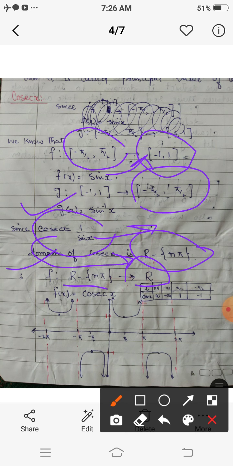Now clearly the value of cosec is always greater than or equal to 1 or less than or equal to minus 1, because sine is between minus 1 and 1. When you draw the graph of cosec, it is simply in these intervals, like this.